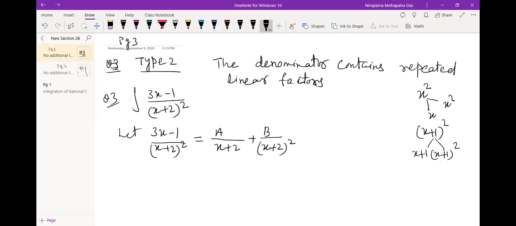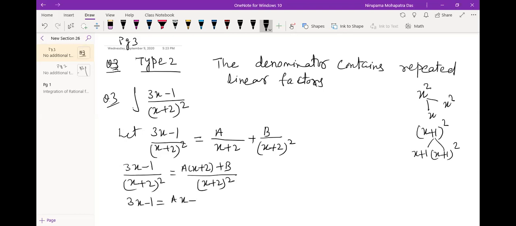Now we can see 3x minus 1 divided by x plus 2 whole square is equal to, on the right hand side, the LCM is x plus 2 whole square: a into x plus 2 plus b. So 3x minus 1 equals ax plus 2a plus b.